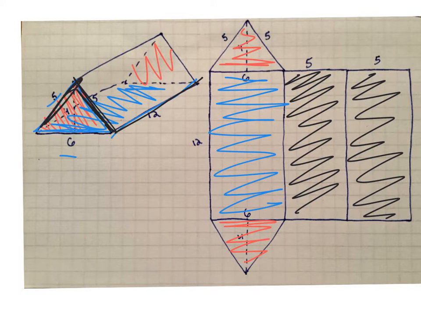So let's find the area of each side and add them up. So area of a triangle, if you remember, base times height divided by 2. So 6 times 4 is 24, and divided by 2 is 12. So both my triangles have area 12.